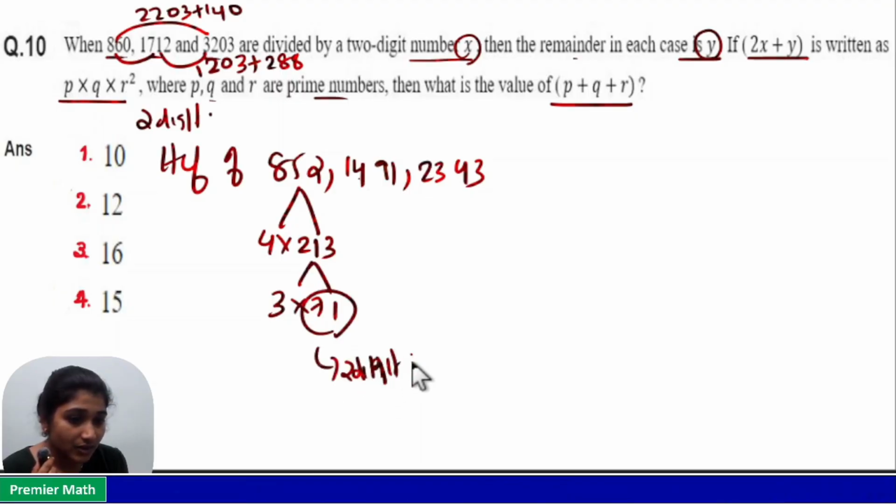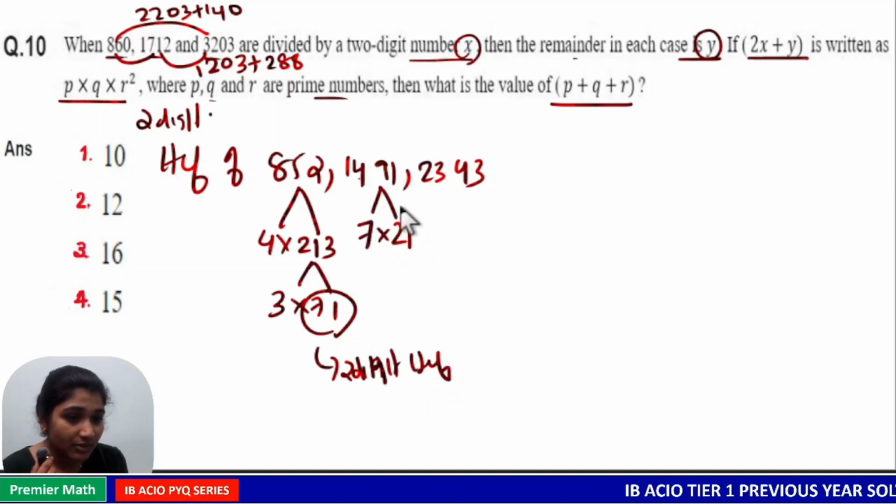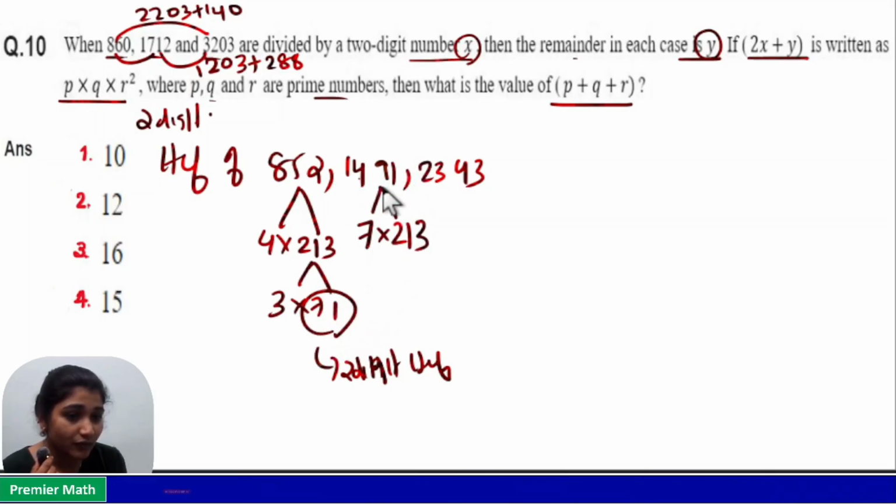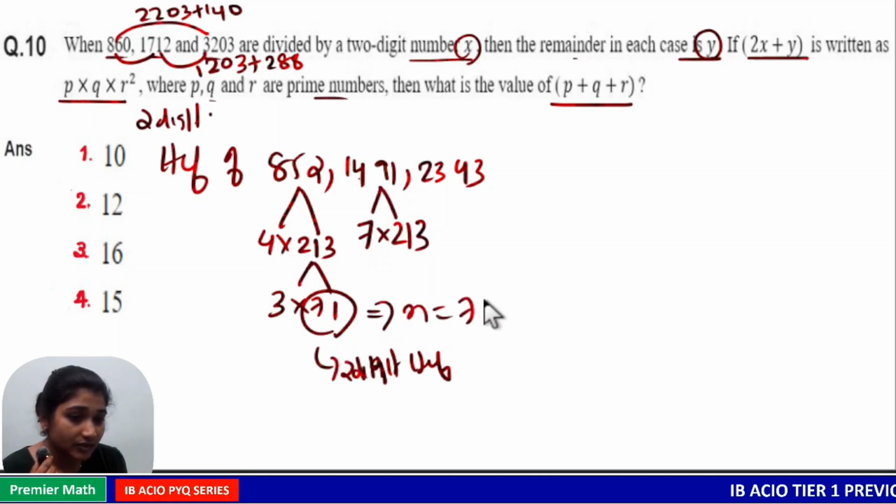Let's check with this one. 7 goes 2 times in 14, 1 time in 9, and 3 times in 21. Here 213 is 3 into 71. So 71 is also a factor of 1491, which means here 71 is equal to x.